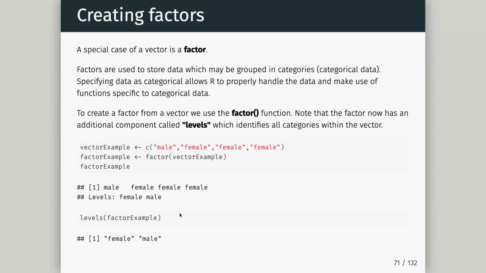If I want to see the actual levels directly inside my factor, I can use the levels function on this factor I've just created. And it pulls out a character vector just with these values, the actual values. This is my factor. It has levels attached to it. And I can do levels on that, and it's going to pull out female.